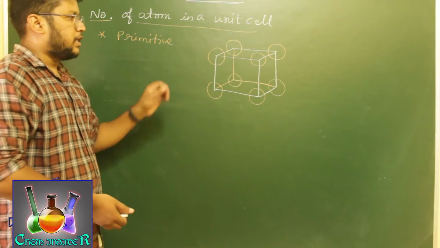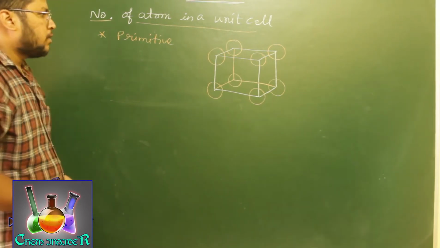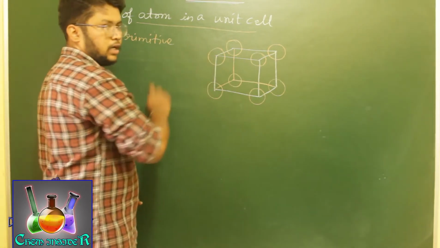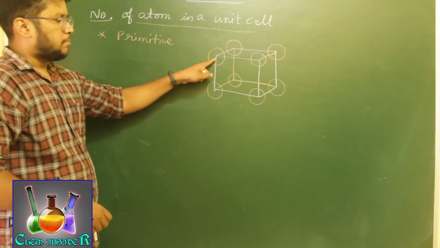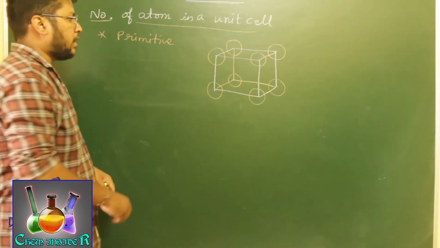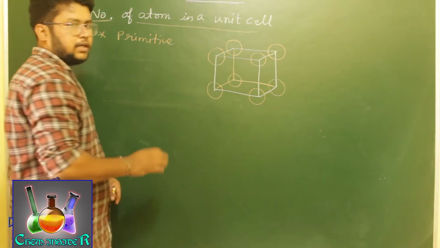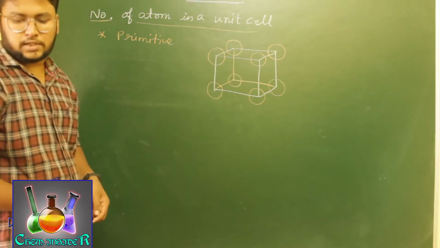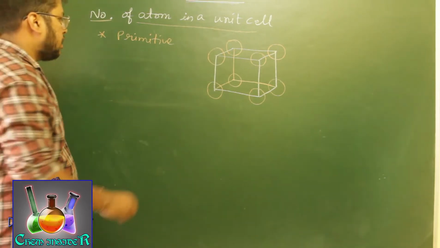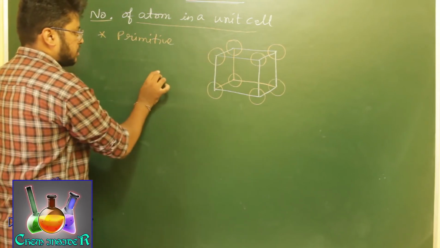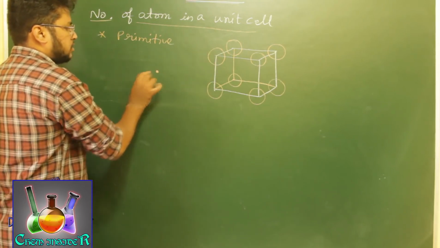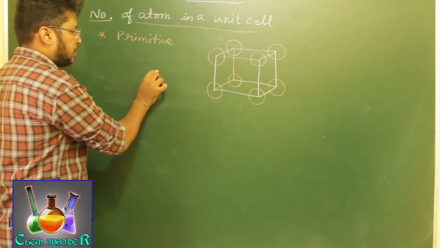But actually that is not what happens here. If we consider one atom present over here, that atom might be shared with a different number of unit cells. Let us say I am considering this as a 2-dimensional diagram, so this is a point or an atom which I am taking.